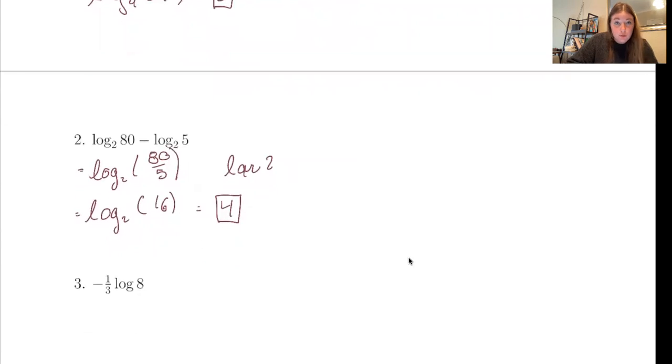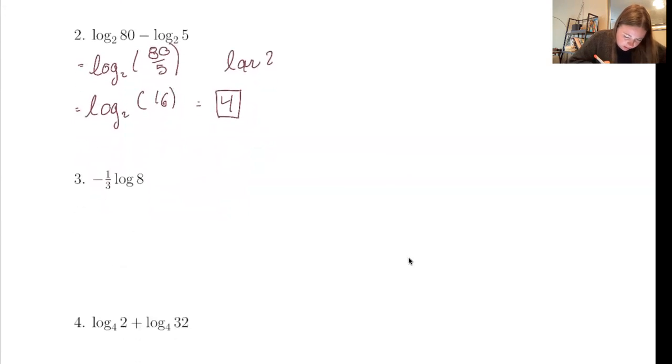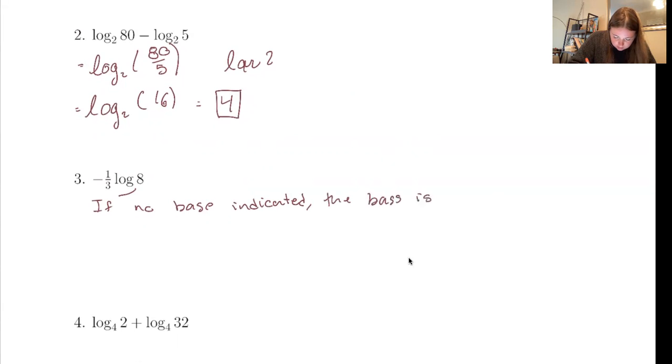Additionally, let's do one using law 3. So I have negative 1/3 log 8. This one you can see doesn't have a base. If no base is indicated, the base is 10.